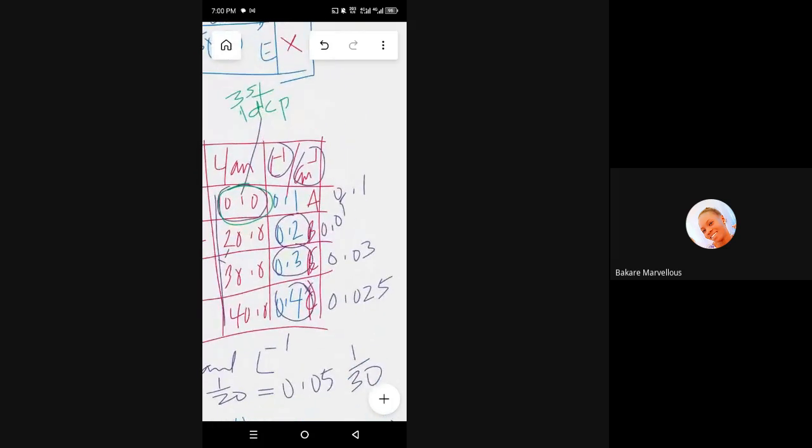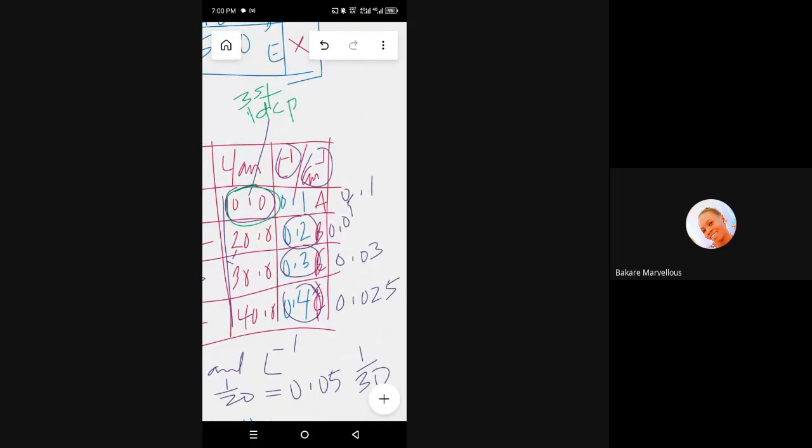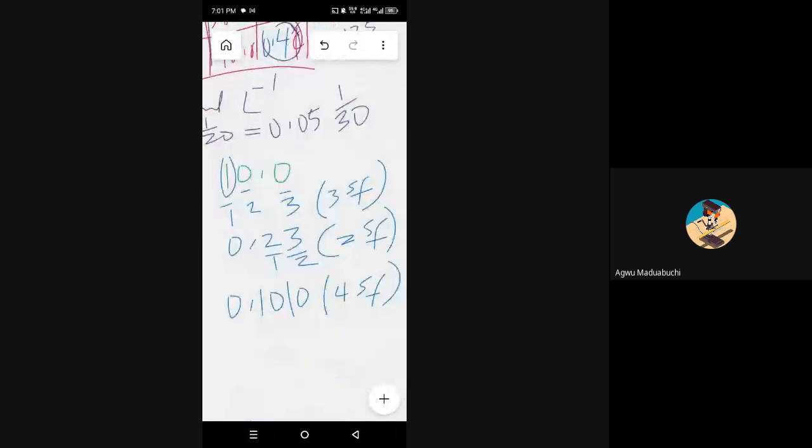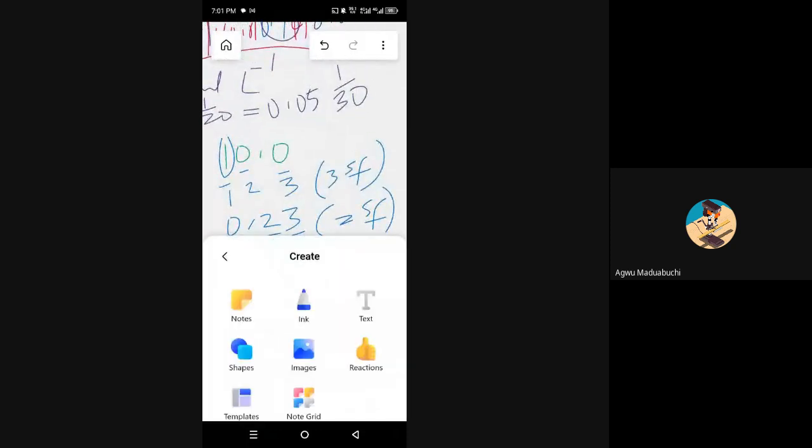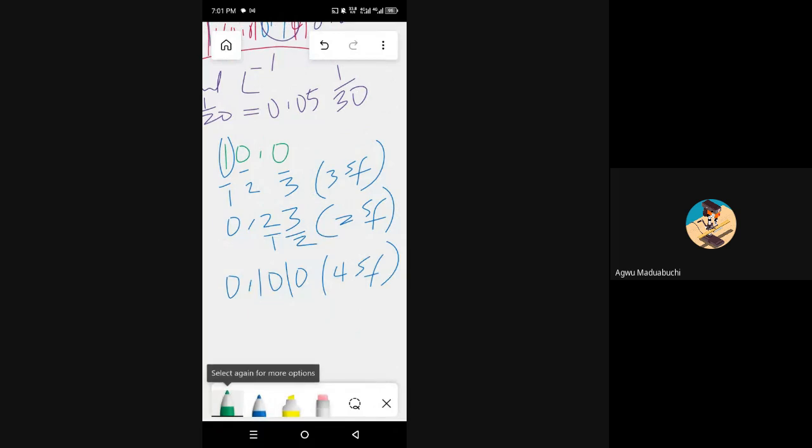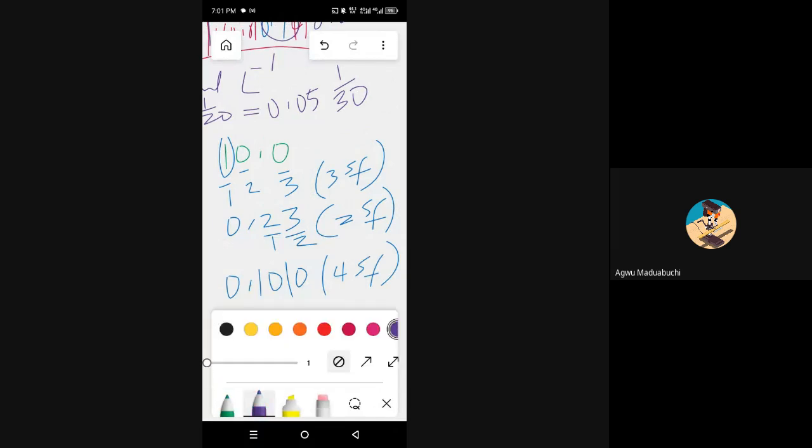Okay, so let's continue. 10.0 is how many decimal places? 1 decimal place. Good. You said it's 3. Decimal places, you start counting after the decimal point.